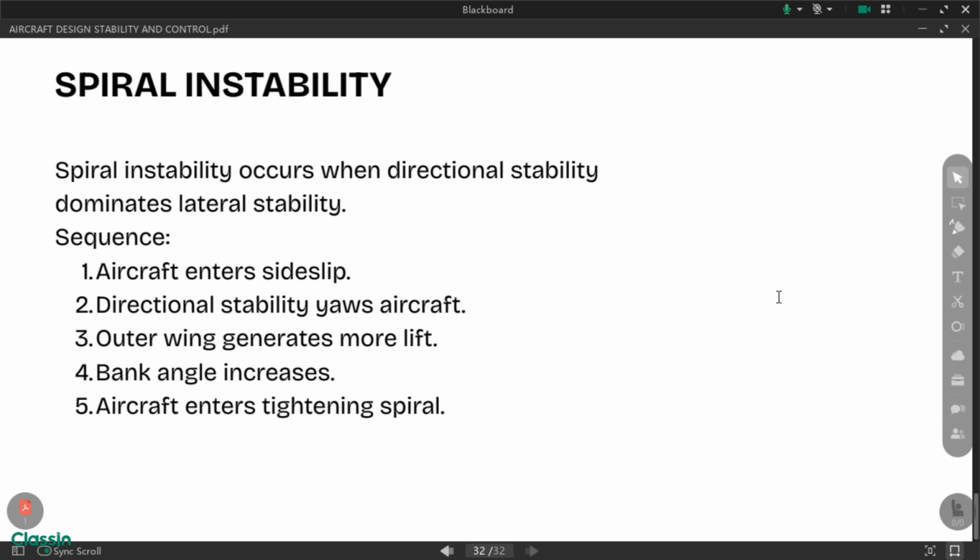So, what happens is we get a sideslip, no? Our directional stability yaws the aircraft into the relative wind. That yaw would cause one wing to move faster than the other. If that happens, our faster wing generates more lift. So the bank angle increases. When our bank angle increases, the aircraft would begin turning more steeply, no?